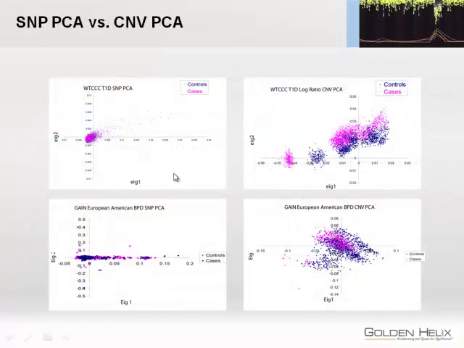To give you a little picture, this is the Wellcome Trust Type 1 Diabetes SNP study, and we did this principal components analysis looking at the first two components on the SNPs, and we also did it for the GAIN study. Now the Wellcome Trust study, as was described by David, they ran the cases and the controls separately, in entirely different experimental batches.